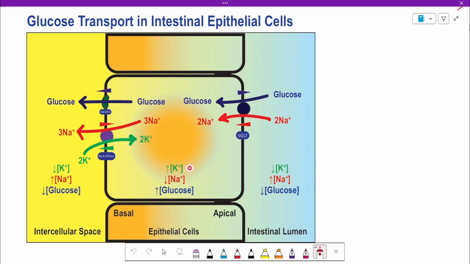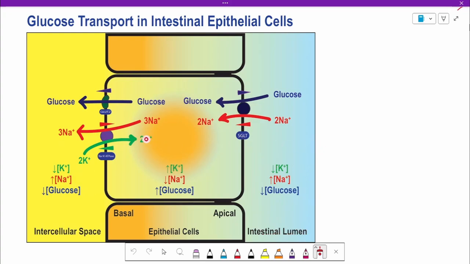Potassium is present in higher concentration inside the cell, same as glucose, whereas sodium is in lower concentration inside the cell. Outside the cell the situation is completely different: potassium is low, sodium is high, and glucose is low. The same is happening outside the cell in the intestinal lumen as well.